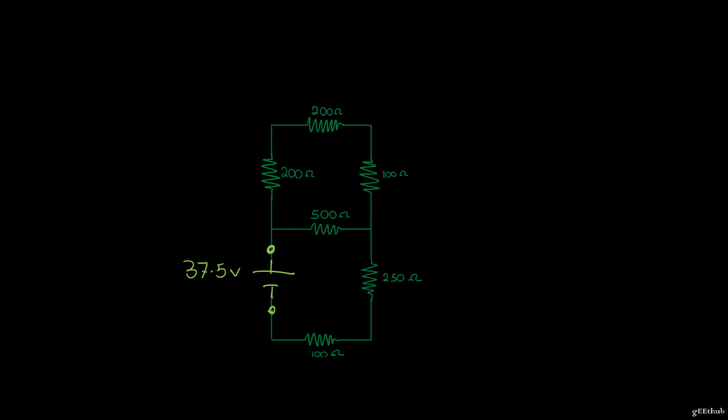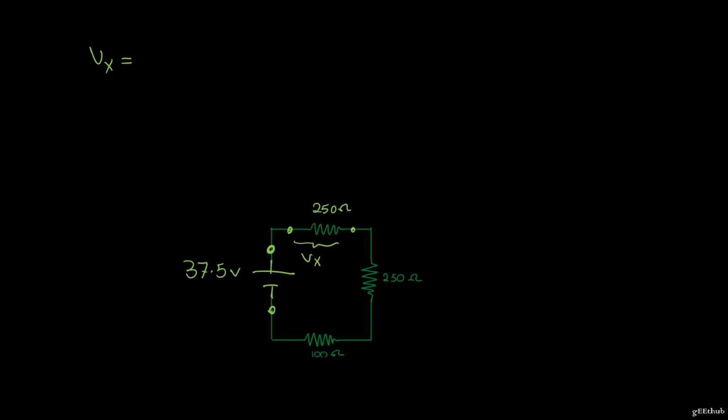So now I'm interested in this voltage drop. So what I'm gonna do for a moment is replace this part with the 250 ohm again that we found earlier, and now I can find the Vx that I was looking for from the beginning. And Vx here is going to be, using voltage drop equation, 37.5 times 250 ohms divided by 250 plus 250 plus 100.